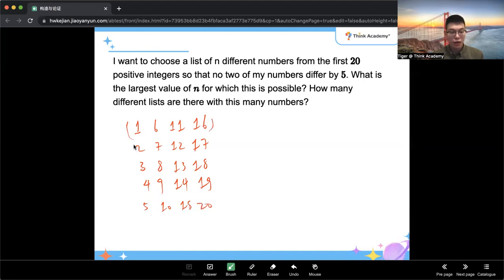So you can see that we have 5 sets of them, which have a difference of 5, right? So at most, how many numbers can you choose from each list that doesn't have a difference of 5?